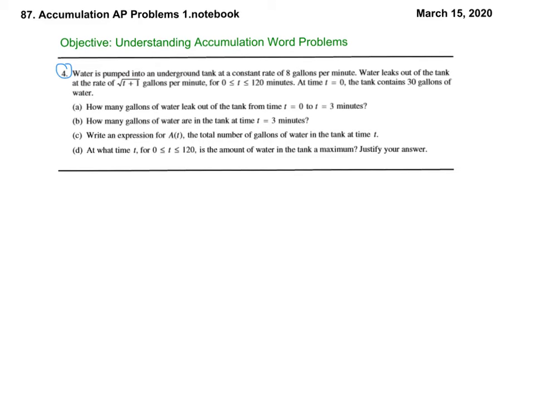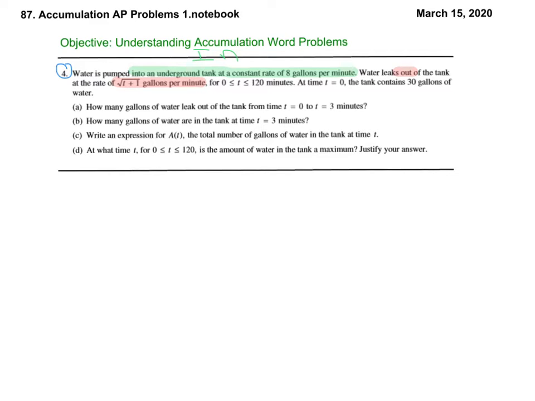Water is pumped into an underground tank at a constant rate of 8. So that's our in, right? Right there, that is my in. And then water leaks out, so that's our out, at a rate of the square root of t plus 1.